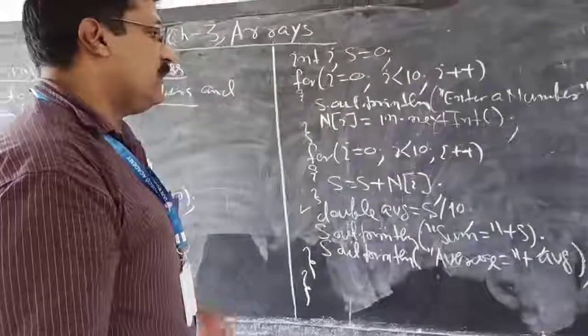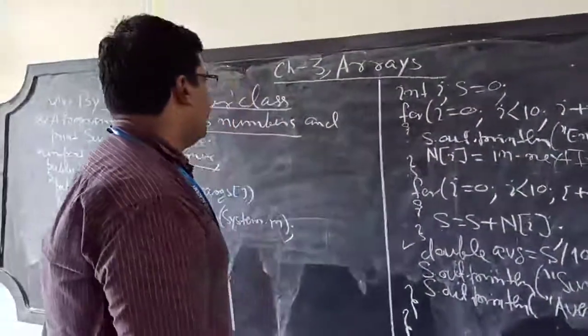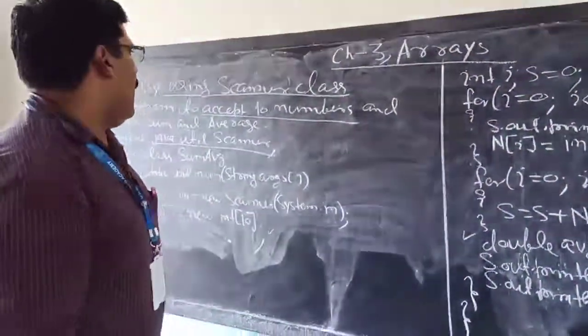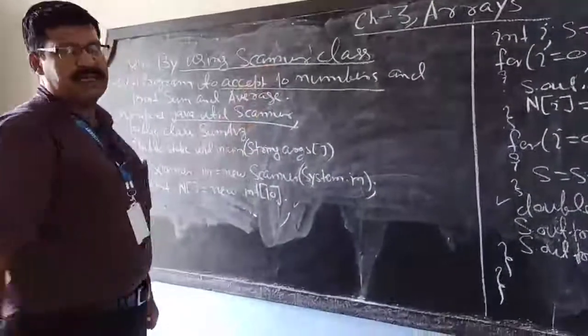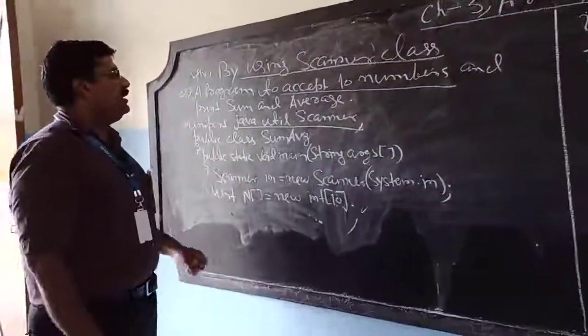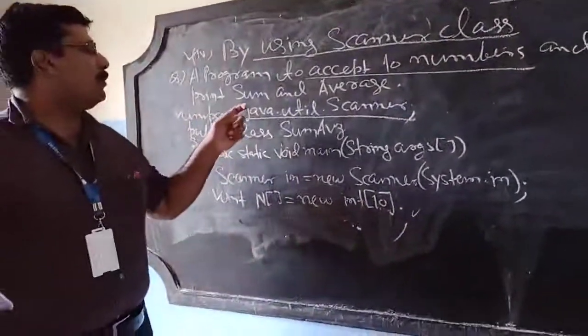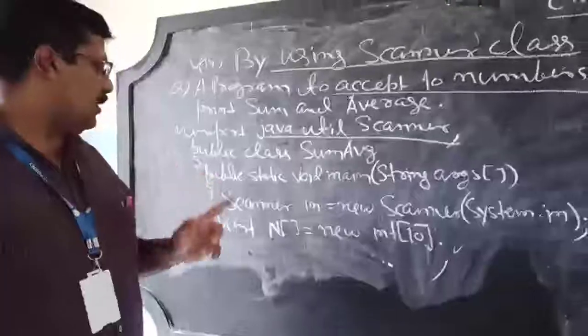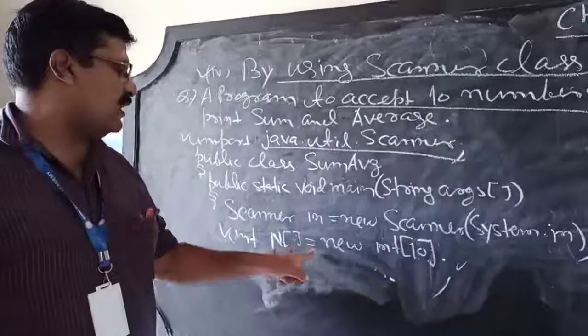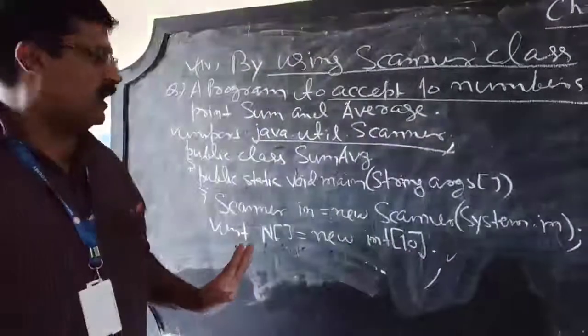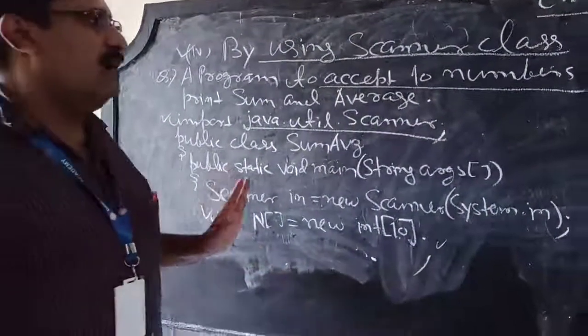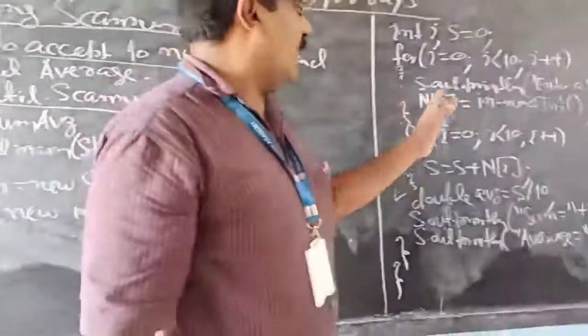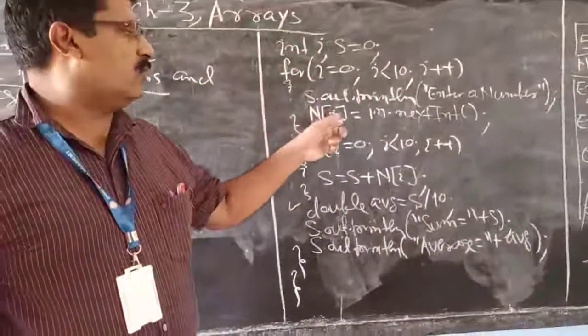So what we have learned in this program is how to create an array and input the numbers by using the scanner class. This time we have to import the package java.util, declare the array as usual: data type, array name, square bracket equal to new int, and the size of the array. Then create the loop, and input numbers one by one according to the data type.